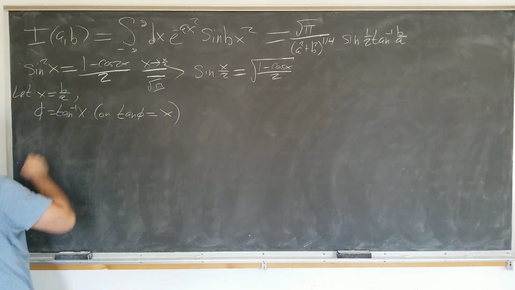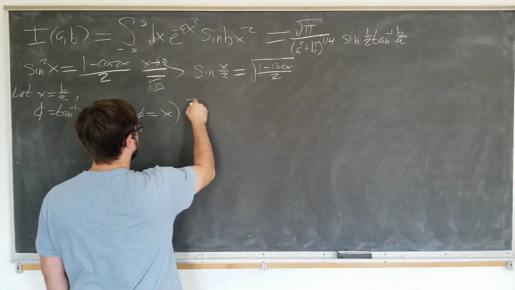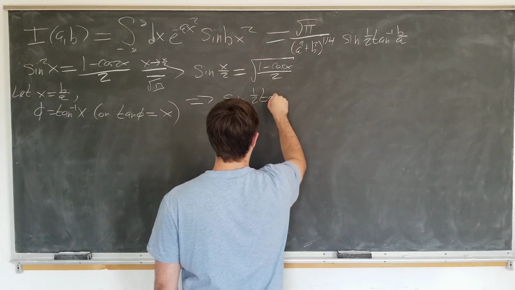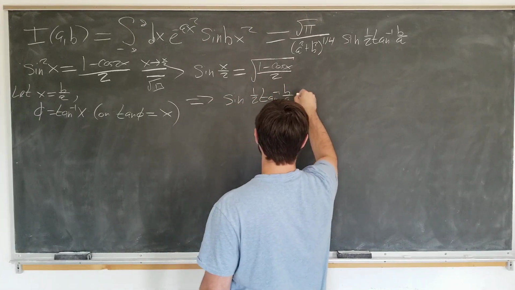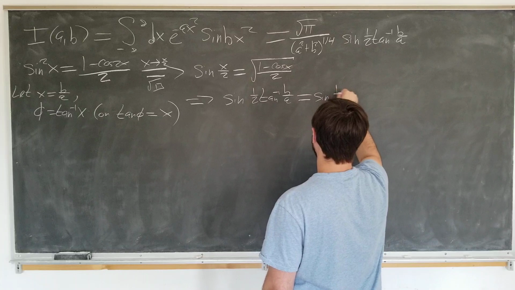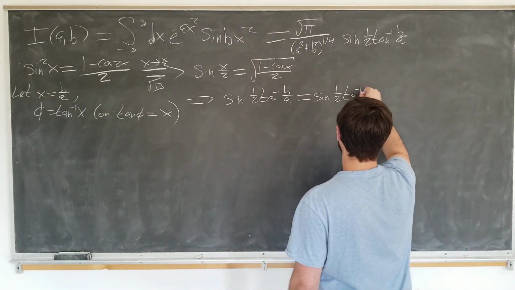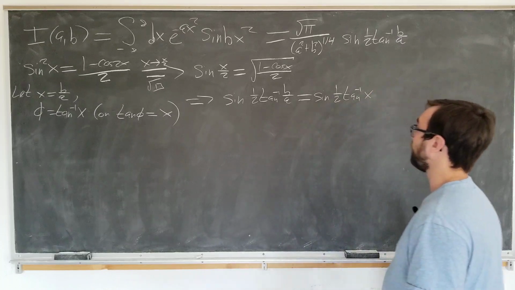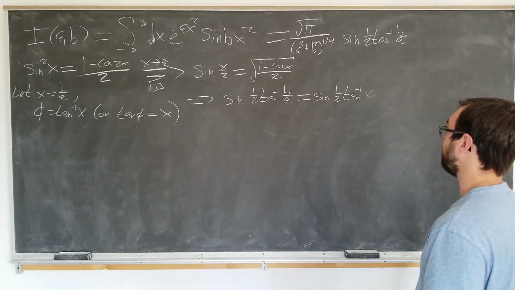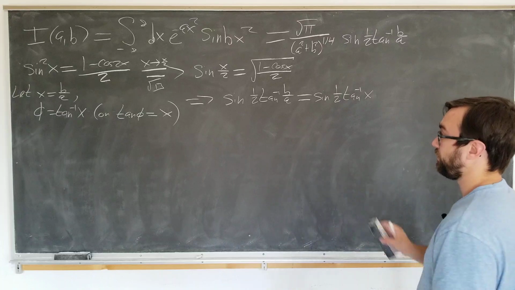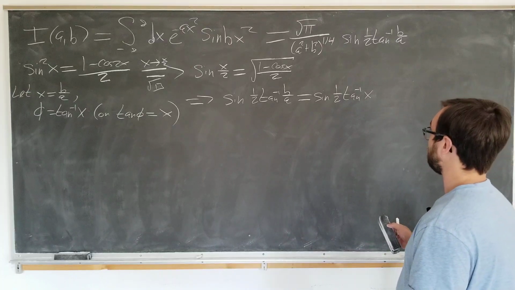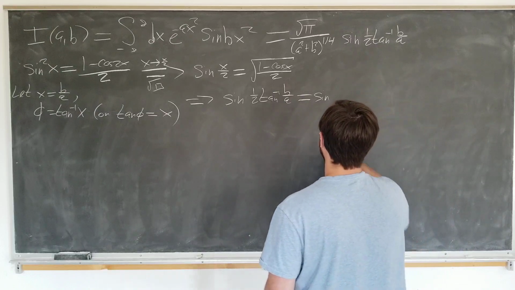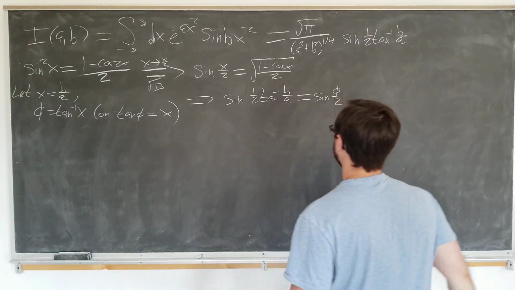We just put the x here. So then we're simplifying sine of 1/2 inverse tangent b over a, which is sine of 1/2 inverse tangent of x, which we just defined. And we're going to use this formula here. Tan phi is equal to x, so we have phi over 2 here.